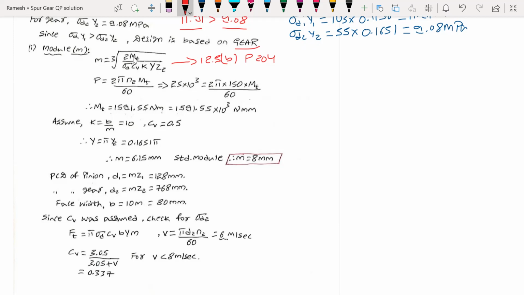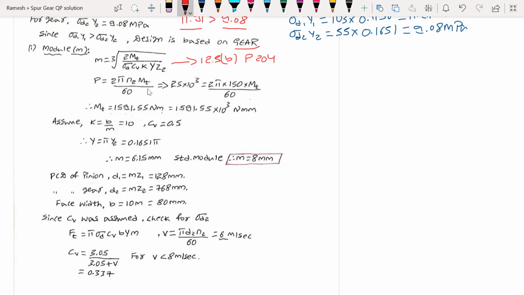Let me first calculate the torque. To calculate the torque, you have this equation: P is equal to 2 pi N into torque MT. In this case, if the speed is in RPM, you have to divide it by 60. If the speed is given in RPS, there is no need of dividing it by 60.